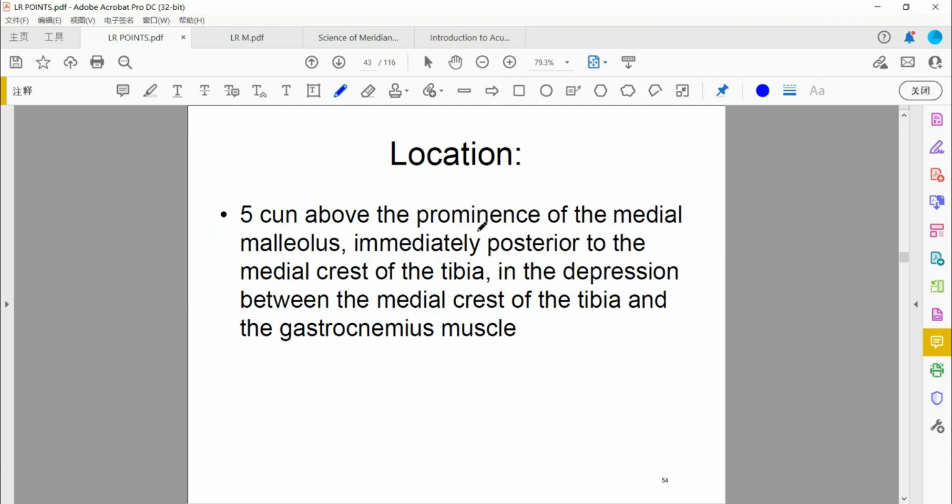Five cun above the prominence of the medial malleolus, immediately posterior to the medial crest of the tibia, in the depression between the medial crest of the tibia and the gastrocnemius muscle.